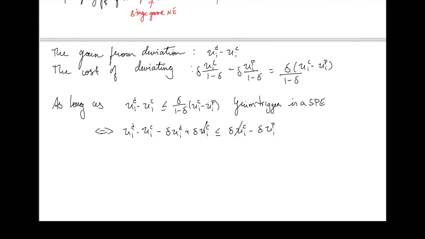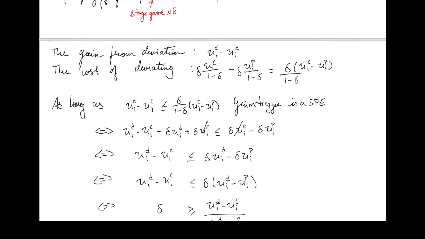This guy and this guy cancel, so that's equivalent to u_i(D) minus u_i(C) less than or equal to delta u_i(D) minus delta u_i(P). Factoring out the deltas, so as long as delta is at least as large as the ratio of u_i(D) minus u_i(C) to u_i(D) minus u_i(P), then the Grim Trigger strategy is going to be a subgame perfect equilibrium. So as long as delta is big enough, Grim Trigger strategies work.